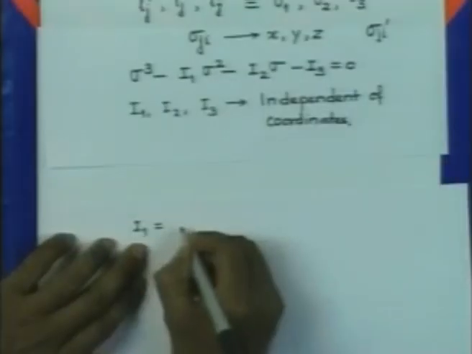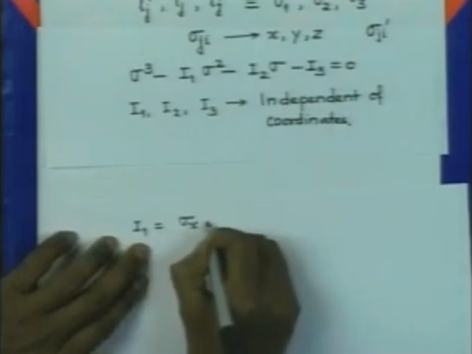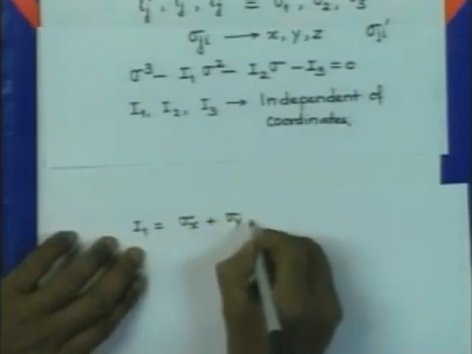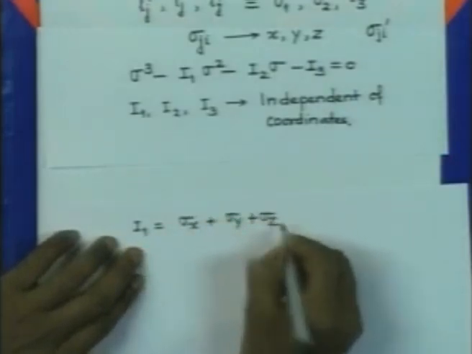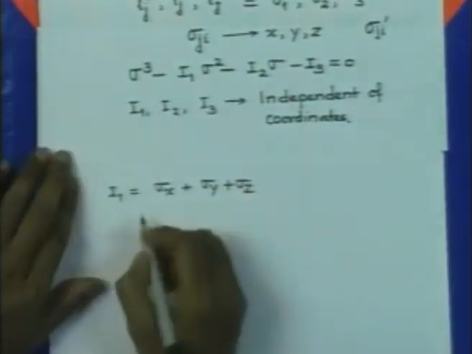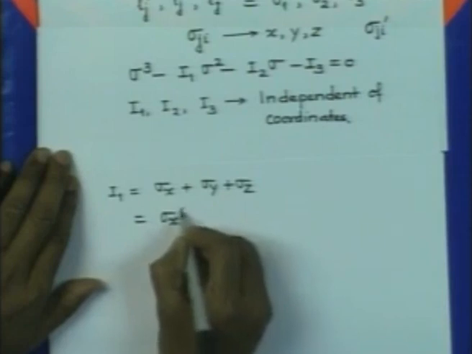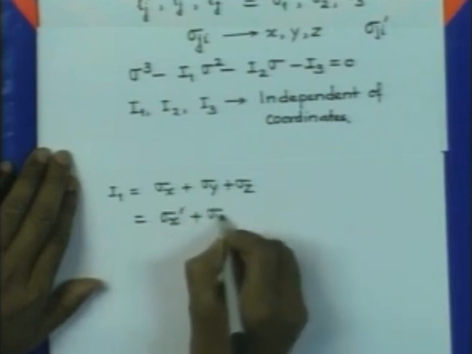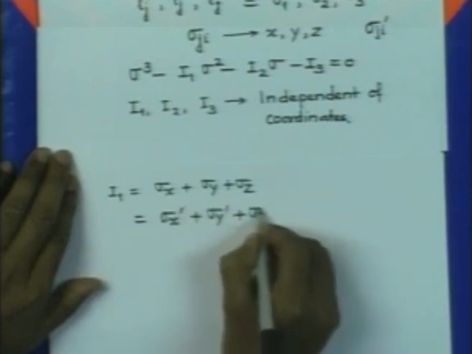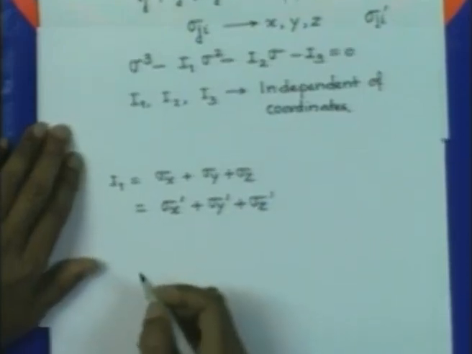and you can therefore finally write that the value of I1, which is given by sigma x plus sigma y plus sigma z, must also be equal to sigma x dash plus sigma y dash plus sigma z dash.